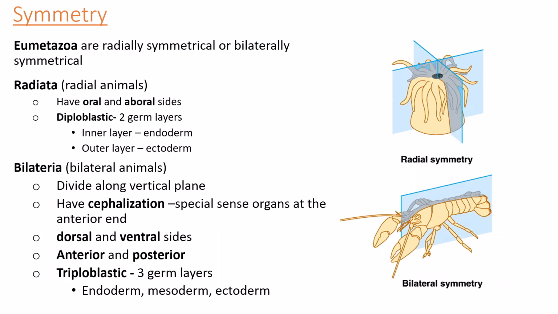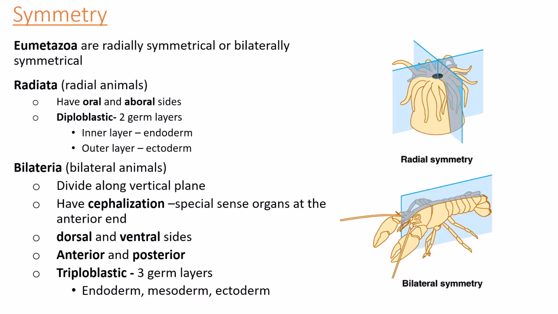With symmetry, different kinds of animals have different symmetry or different body plans. So everybody besides the sponges either has radial symmetry or bilateral symmetry. Radial animals have this circular symmetry, right?